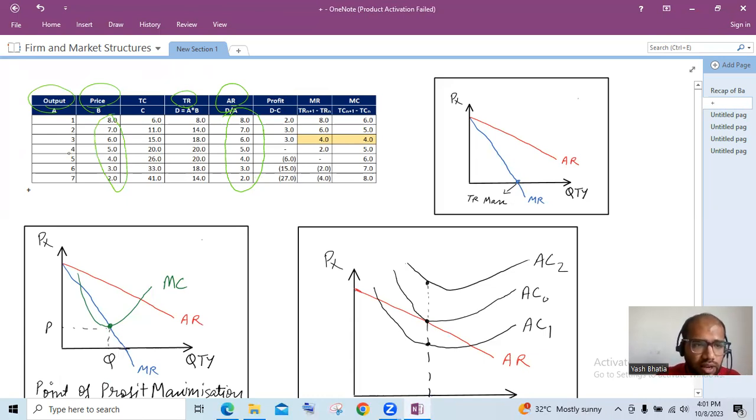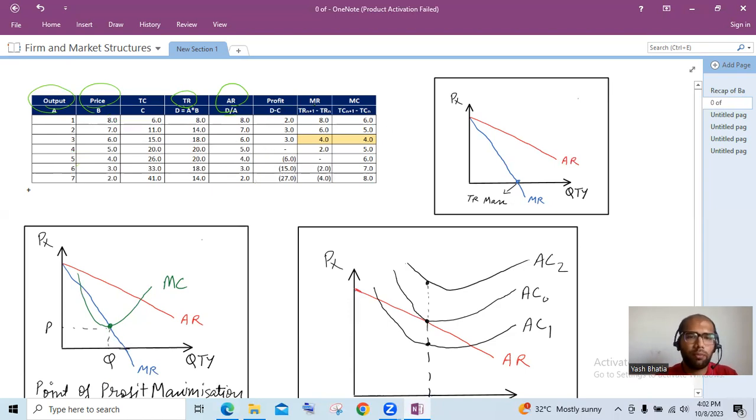So in this table, for 5 units, you can sell 5 units at the average price of 4. So you can say that the AR curve is equal to the demand curve. The quantity demanded at 4 rupees is 5 units. So the AR curve is also the price curve, and also the demand curve for any firm. You should remember this: the AR curve is also the demand curve.